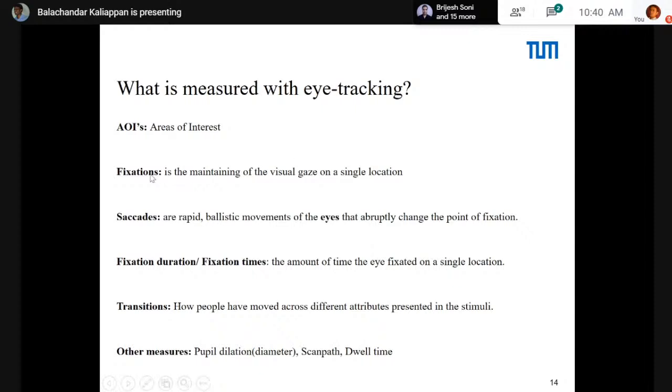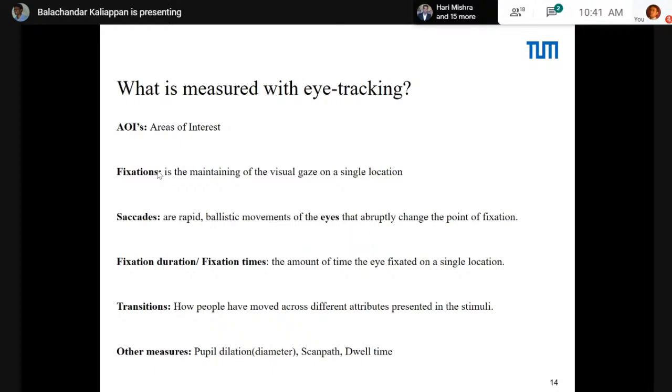The next one is called fixations. What do I call a fixation? Imagine you are looking at one particular place for a longer time; that is called a fixation. In most places where you have bold letters, your eyes will normally go to that point and stay there for a long time. That is called fixation. But when you're reading, your eye movement is not normally fixated at one point.